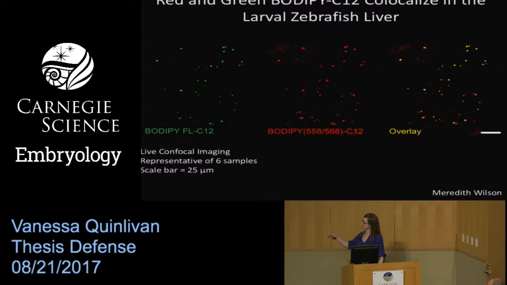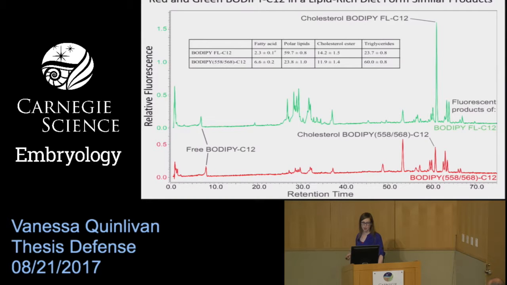And you can see in the overlaid image, the yellow shows the overlap between the two colors. There's significant co-localization. So in terms of spatial deposition, the products of these two fluorescent fatty acids end up in the same places. However, when we take biochemical analysis from the same experiment, we can show that they make a similar range of products, but the proportions of the products are different.